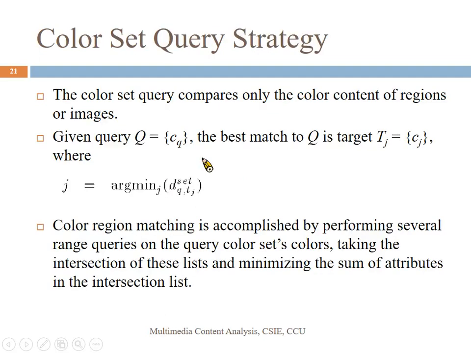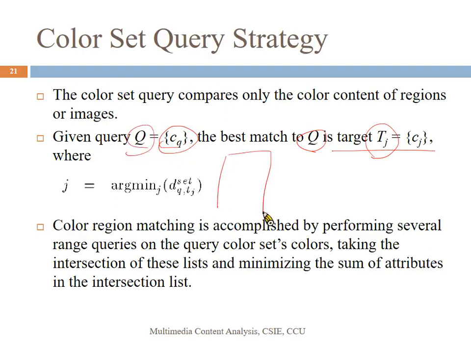Given the similarity measurement mentioned above, we can calculate the distance or similarity between different images. Given a query Q that may consist of several regions, the best match is the target image that consists of several regions where the distance between the regions in this image and the query image is the smallest.